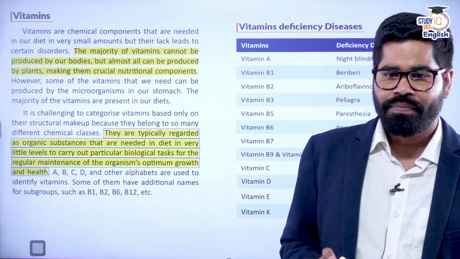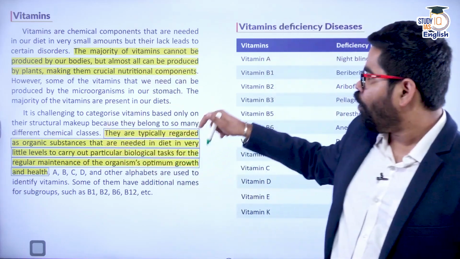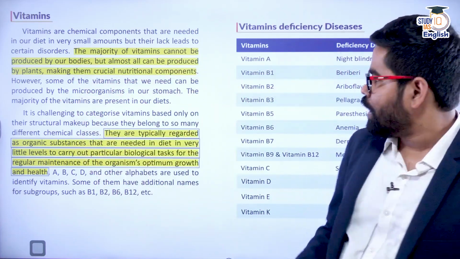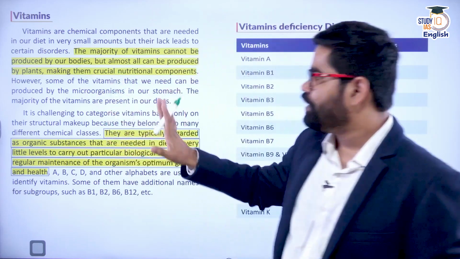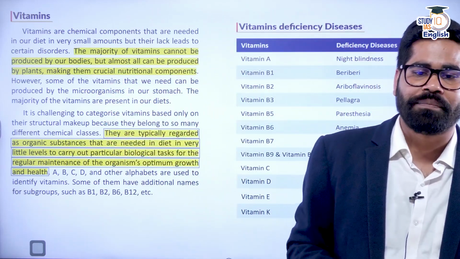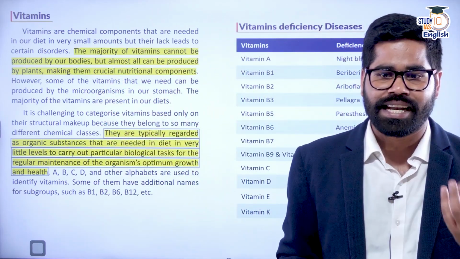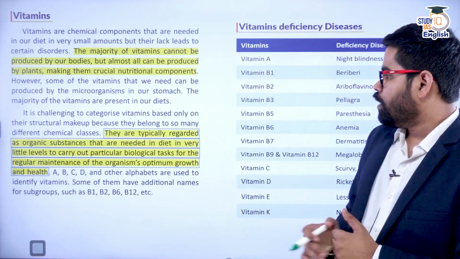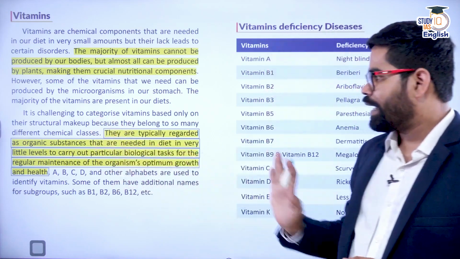Some of the vitamins that we need can also be produced by the microorganisms which are present inside the body.